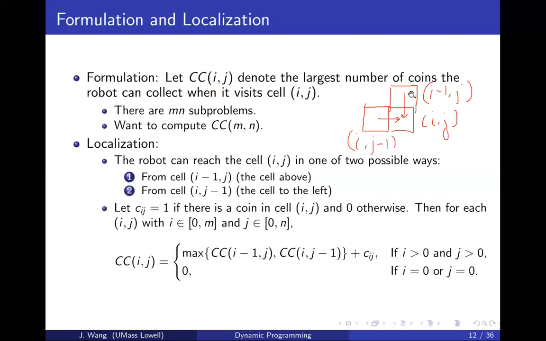So for instance, if this is bigger, I want to go there. If this is bigger, I want to go there, then go into (i,j). So determining C(i,j), we know that if there is a coin, C(i,j) is 1, otherwise 0. Okay, so that's how we come up with a recurrence relation. All right.